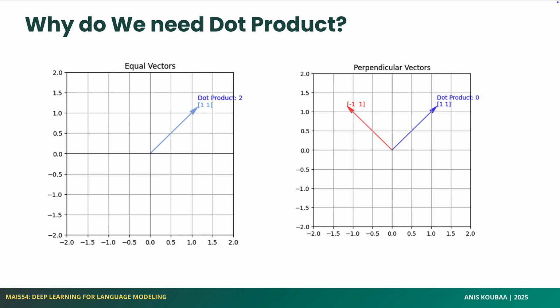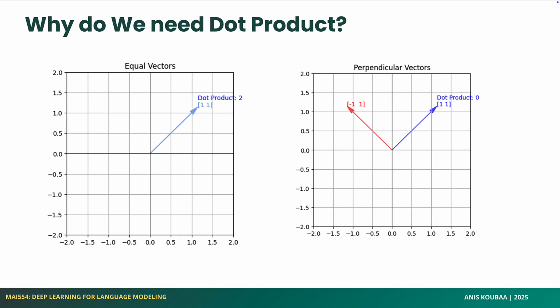Let's look at the effect of a dot product. Now we have this vector in blue. It has coordinates 1, 1. And this vector in red has the coordinates -1 and 1. Forget about the equations. These two vectors are orthogonal, and their dot product is equal to 0.